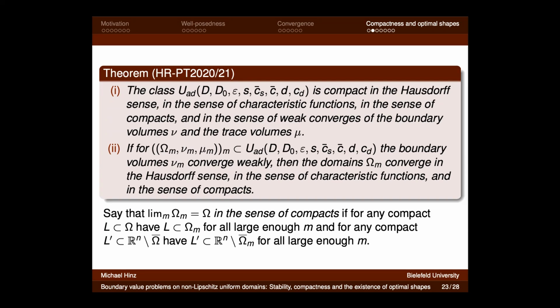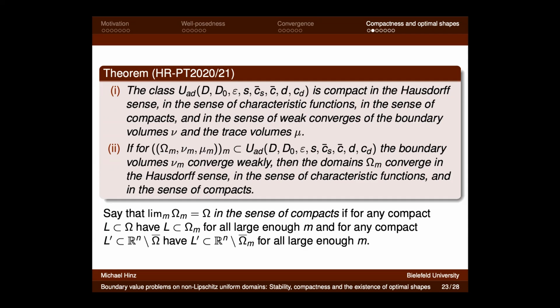The measures nu, perhaps one can call boundary volumes because they just talk about the topological structure of the boundary, and the trace volumes mu are the measures we are really interested in for our PDEs. And then we also have some auxiliary statement which says that basically the convergence of the measures already determines more or less everything. So let me skip that perhaps.